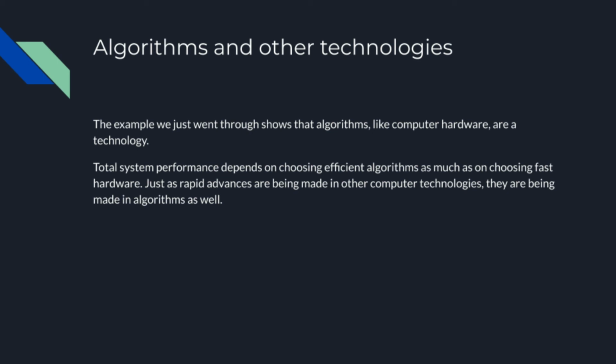Algorithms and other technologies. The example which we just went through shows that algorithms, like computer hardware, are a technology. Total system performance depends on choosing efficient algorithms as much as choosing fast hardware. Just as rapid advances are being made in other computer technologies, they are being made in algorithms as well.